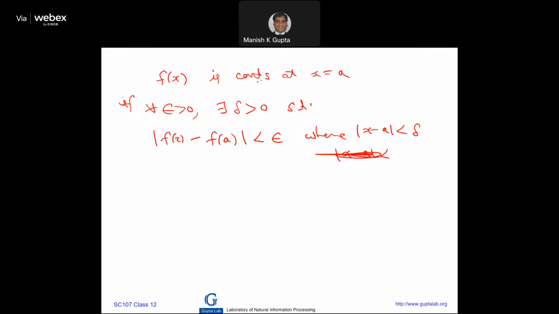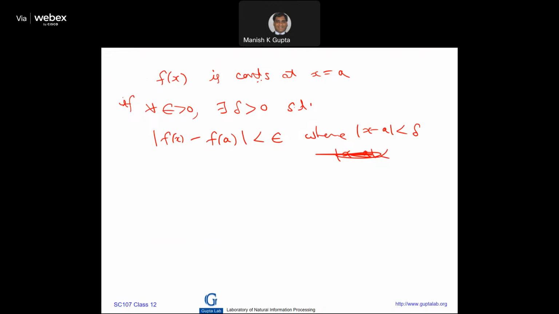So here what you need to do, this result has to be true. If the function is continuous at a point x equal to a, that means this should be true for every epsilon. So we start with this inequality, and using this try to find the value of delta in terms of epsilon, right? That is the trick.